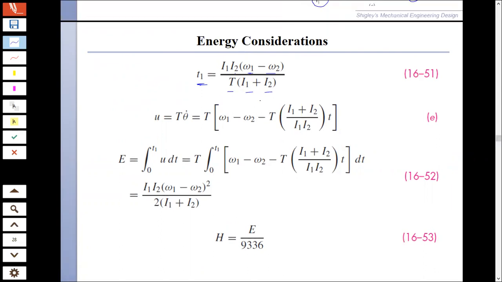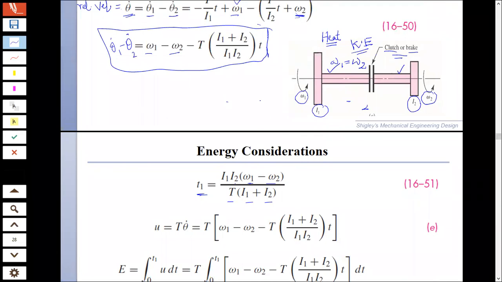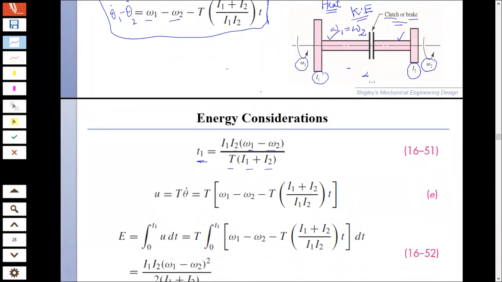And that's from the above equation that we can go ahead and find.